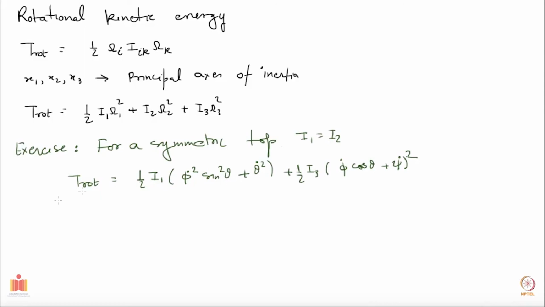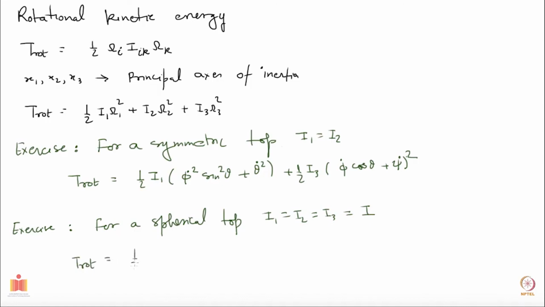Okay, all looks good. Then you can check another thing: if you are looking at a spherically symmetric top, a spherical top, where I1 is the same as I2 and they all are equal to I, then you get T rotational to be half I times phi dot squared plus theta dot squared plus psi dot squared plus 2 phi dot psi dot cos of theta.